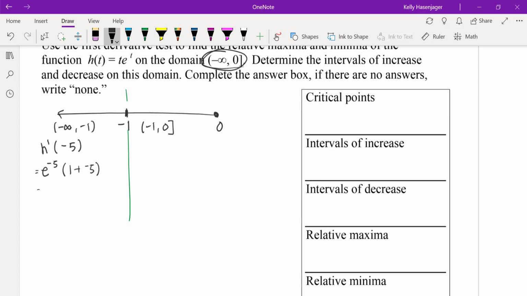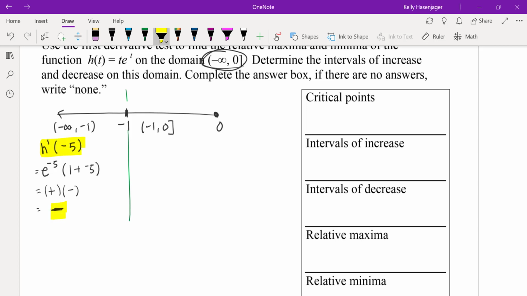So I picked -5, I plug that into the derivative. If you want, you can plug that whole thing into your calculator, or you can use some reasoning to say my exponential function is always positive, and 1 - 5 is negative. So a positive times a negative is negative.